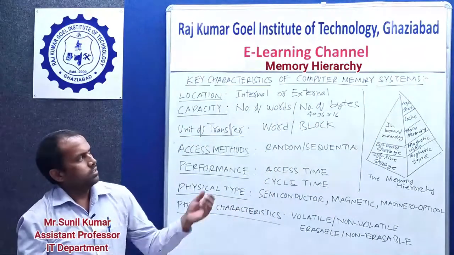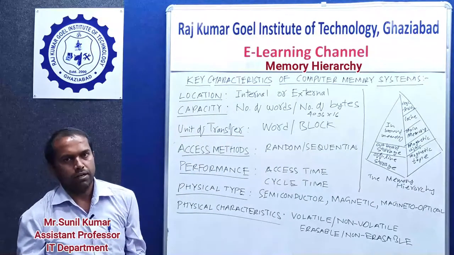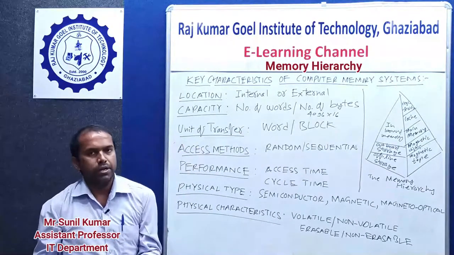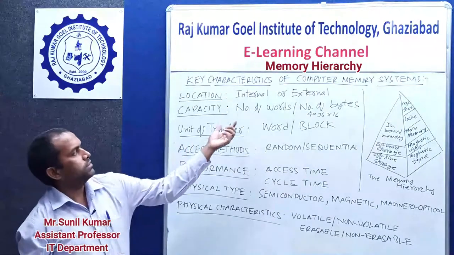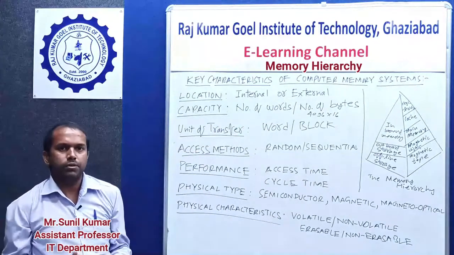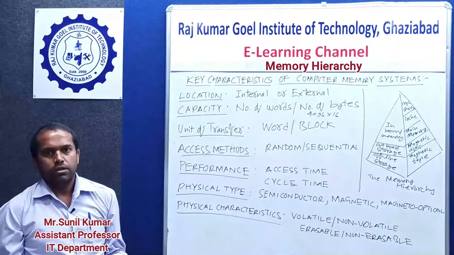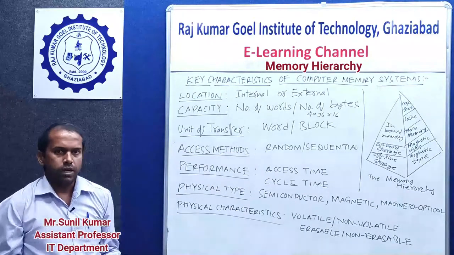It means there are 4096 words in this memory, and each word has size 16 bits. So by the number of words or number of bytes we can tell the capacity of the memory in terms of various units like KBs, GBs and so on.